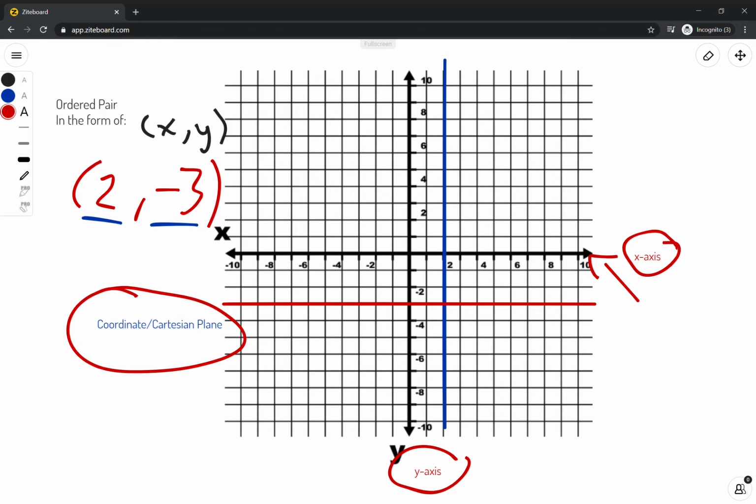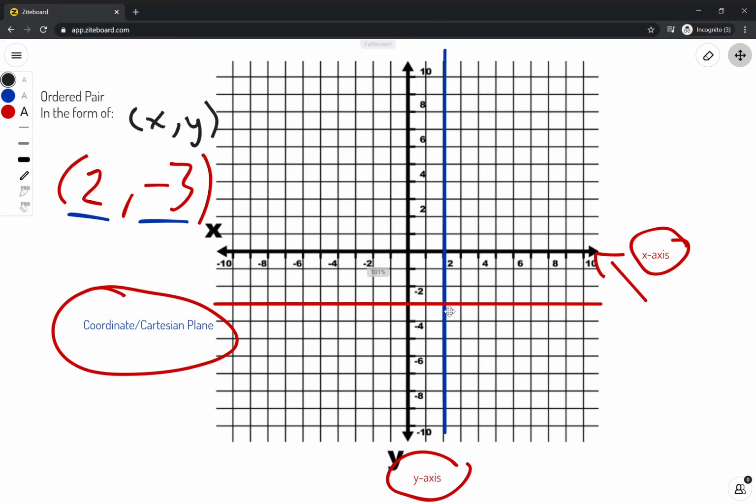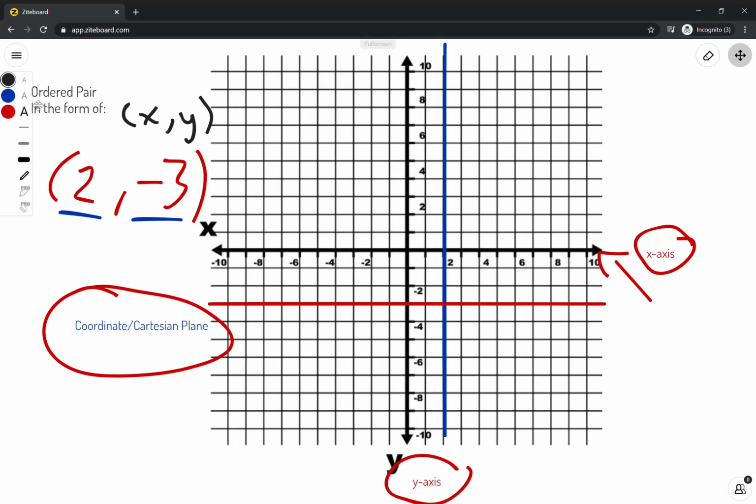That one was a lot better. So we've gone over 2 units to where x equals 2, and we've gone down 3 units to y equals -3. So the intersection of these two lines, or right here, where I'm zooming in and where I'm putting this point, is where the point (2, -3) lies.